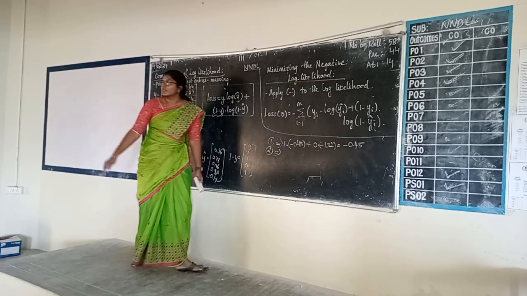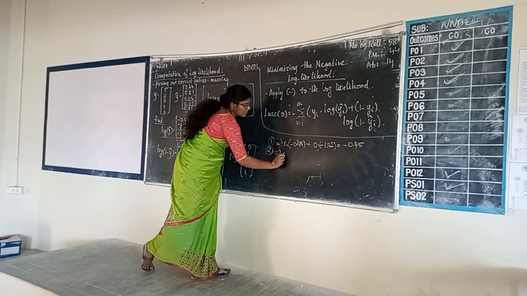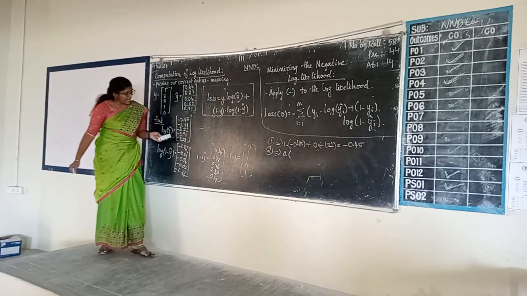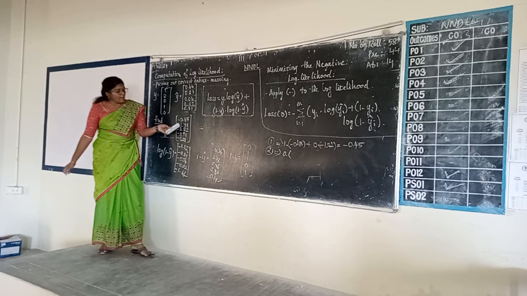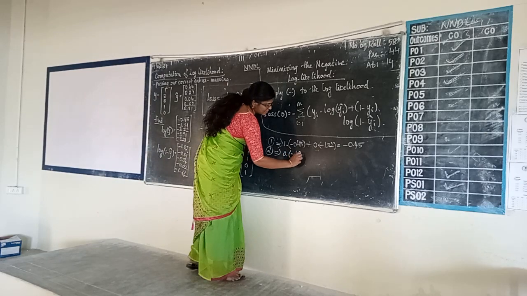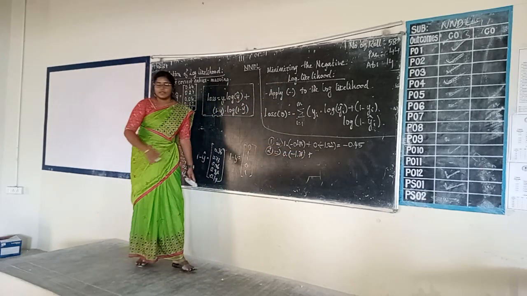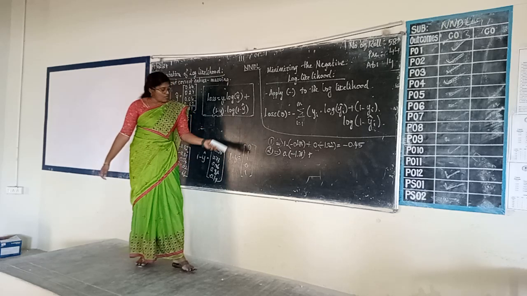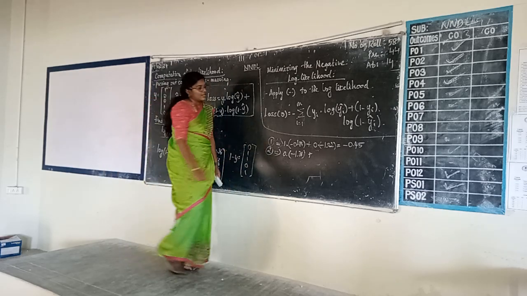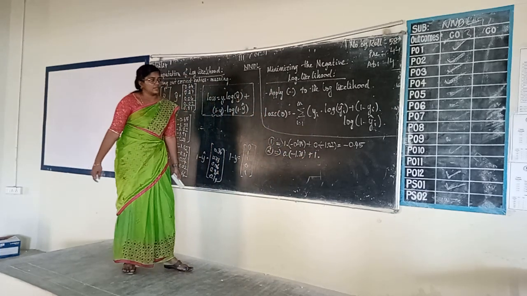Later you can take the second y value: 0 into log of y cap, minus 1.31, plus the next value 1 into log of 1 minus y cap. The second value of 1 minus y is 1, so 1 into minus 0.31.